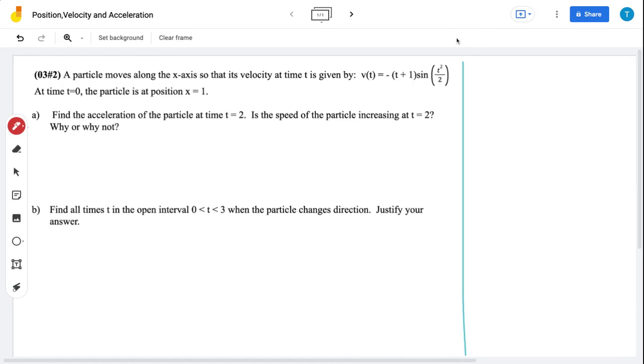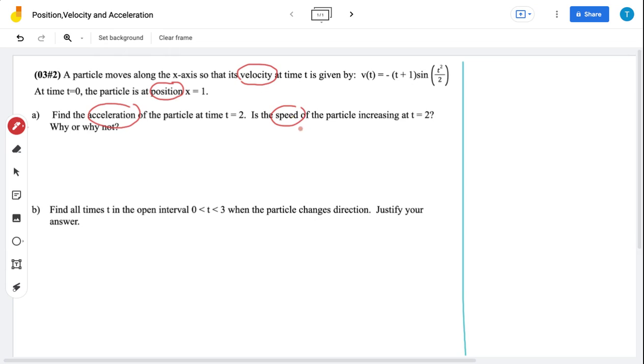Today I will go over one of the calculus AB practice problems. It's about position, velocity, and acceleration. So here is one of the examples. When I look at this one, we can see the velocity here, and we see the position, and we see acceleration and speed.